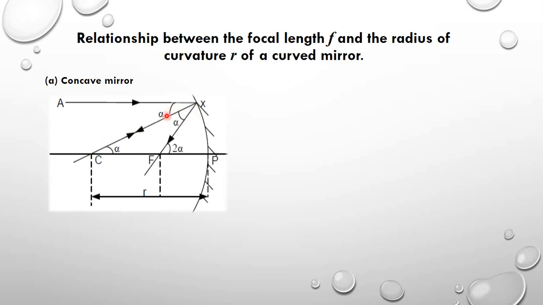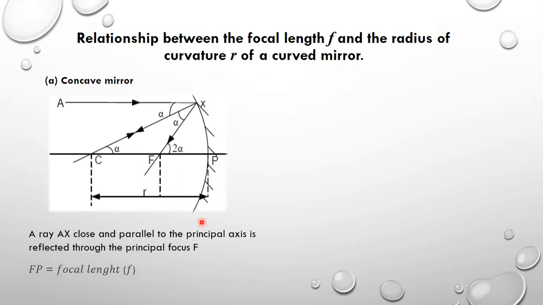And so this angle alpha is going to be the angle of incidence, and then this angle also is going to be the angle of reflection. So if this is alpha, then this is also going to be alpha by the second law of reflection. Then also we need to note that CP is equal to R, and FP is the focal length, F.